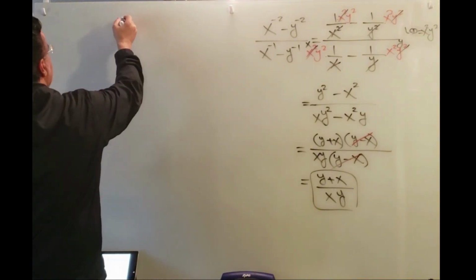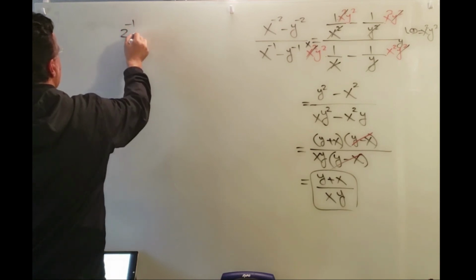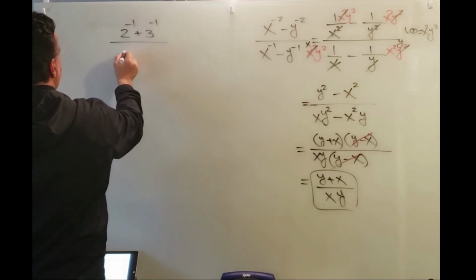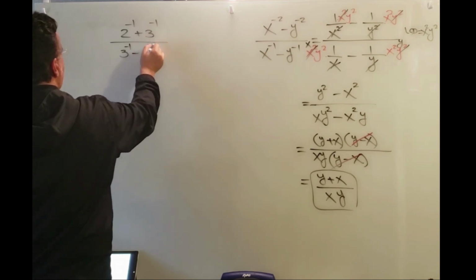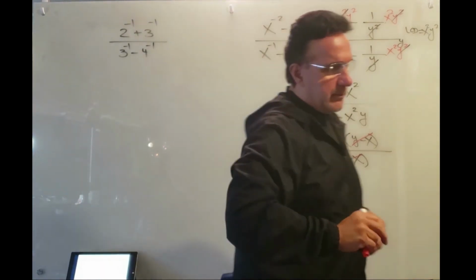This is definitely the last one, I promise. 2 to the negative 1 plus 3 to the negative 1 over 3 to the negative 1 minus 4 to the negative 1. Okay? Again, remember what you're going to do.